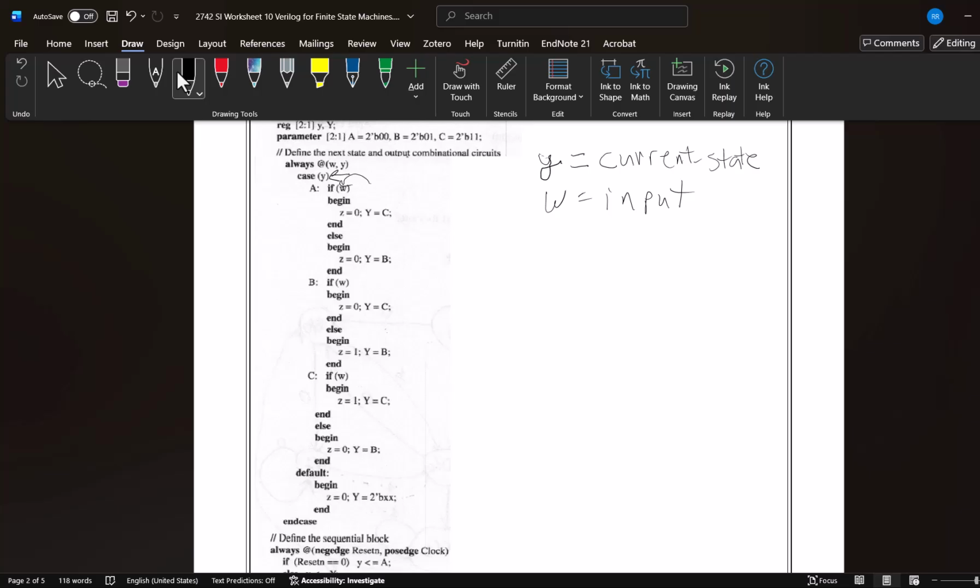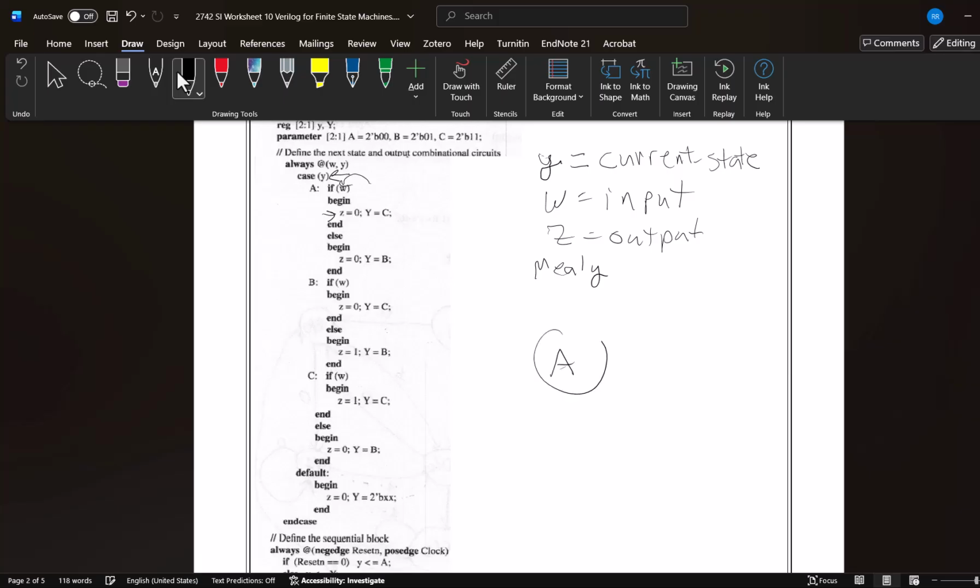Can you tell what my output is? Output Z. And because Z is inside an if that depends on W, we know it's a Mealy. So that means you can have different outputs based on different inputs.